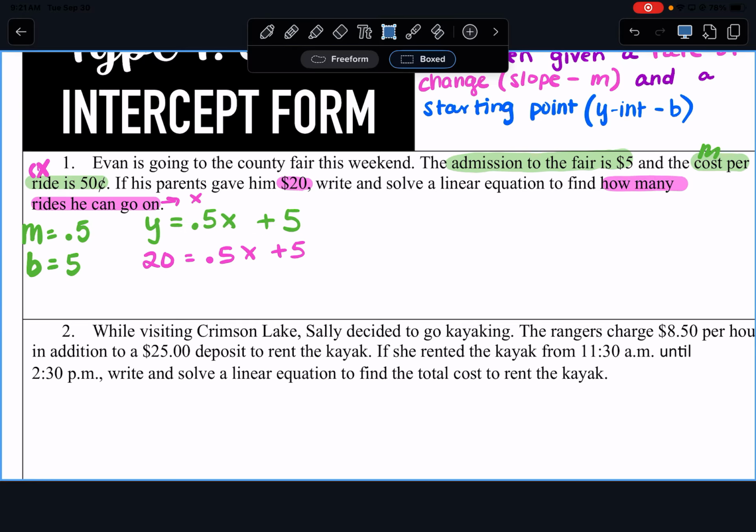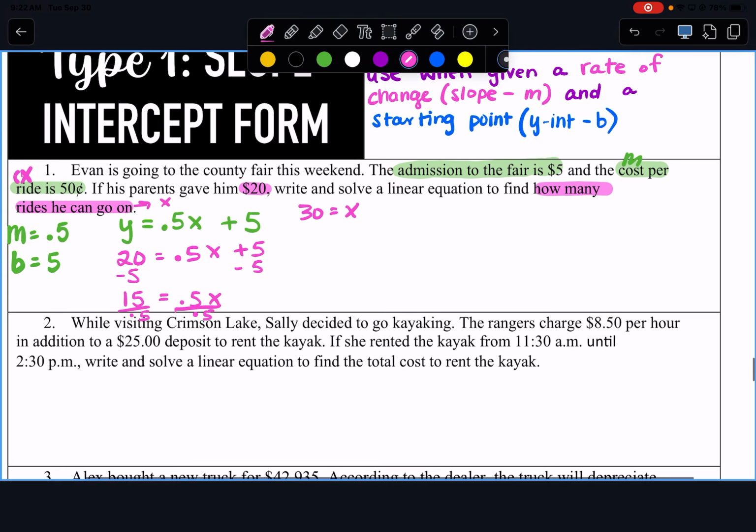How do I solve that? Subtract 5. So we get 15 equals 0.5x. How do I solve that? What is 15 divided by 0.5? So we get 30 equals x. It's 30 what? 30 rides.